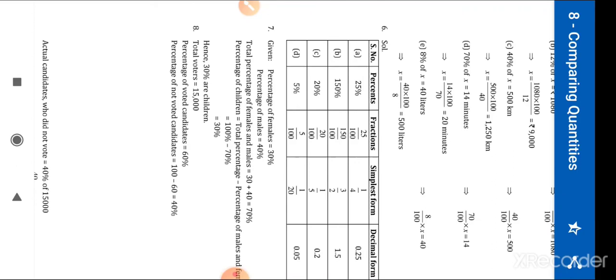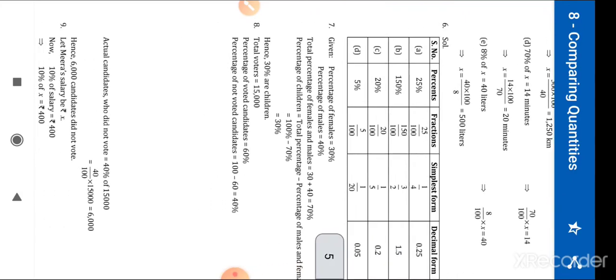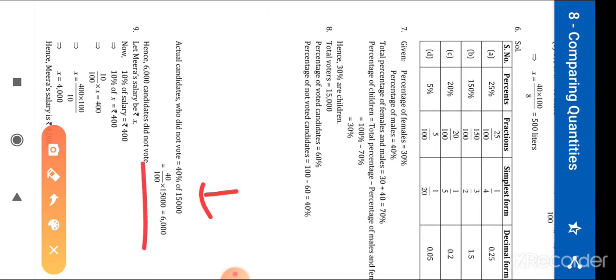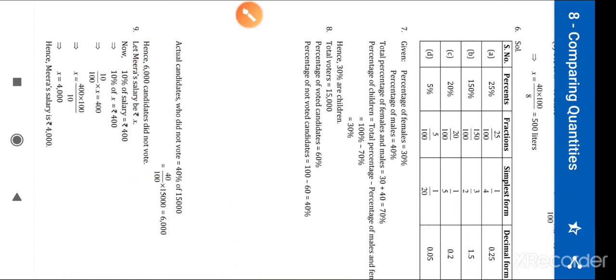We have to find out the actual number of candidates who did not vote. For this we have to find 40% of total voters. For this we write 40% of 15,000 and after simplifying this we have 6,000. So 6,000 candidates did not vote. Move to the next question.